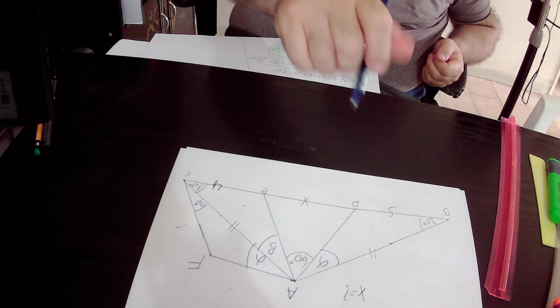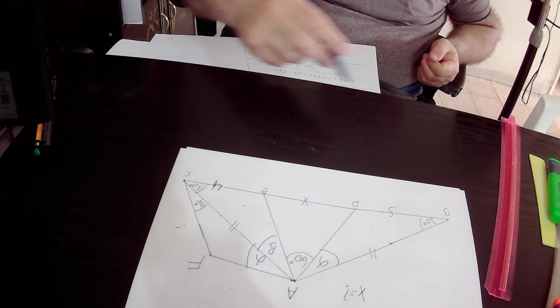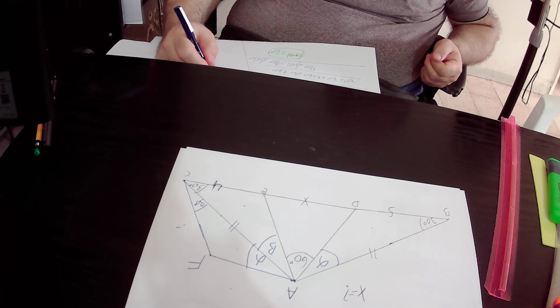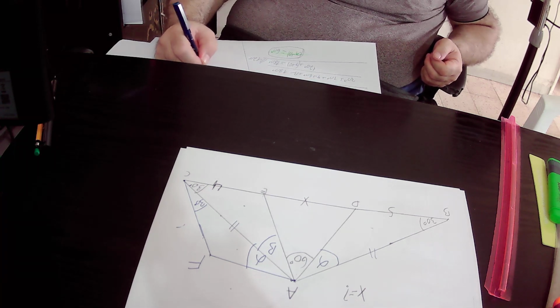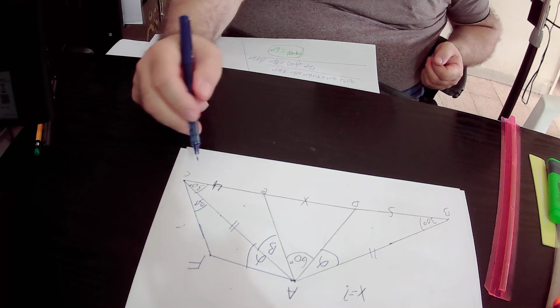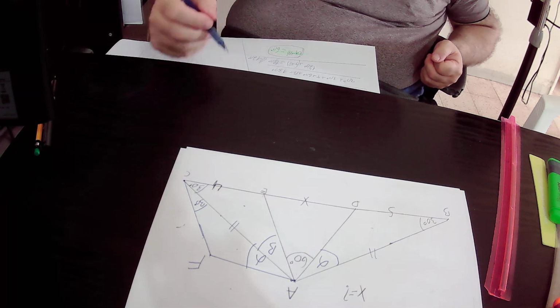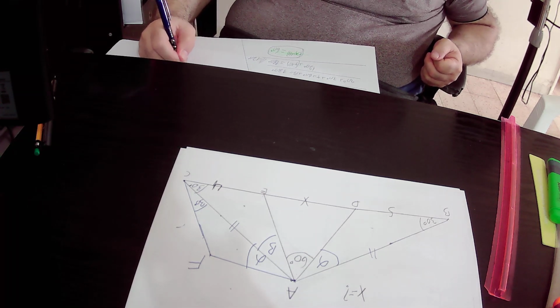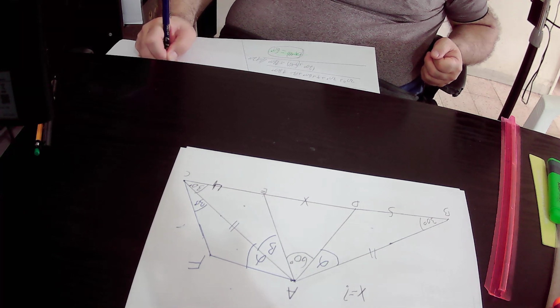So angle ABD equals angle ACF, and both angles are equal to 30 degrees.